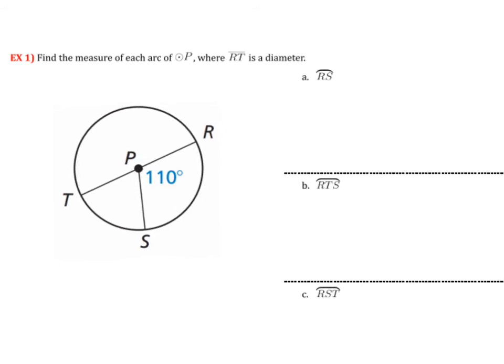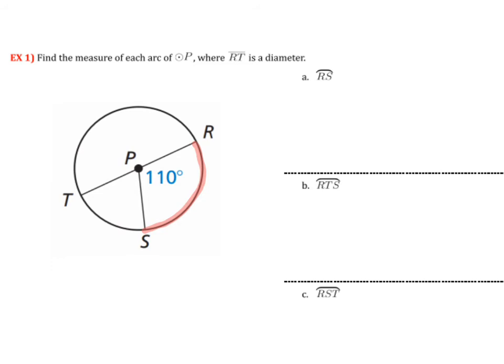To find the measure of arc RS, we first have to figure out where that is. So we start at R, and we trace our way along until we get to S, the shortest route possible, straight from R to S. Taking a look at this picture, I can quickly identify that this arc is on the interior of the central angle, angle SPR or angle RPS, however you want to name it.